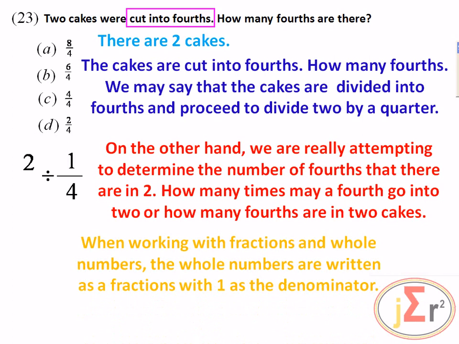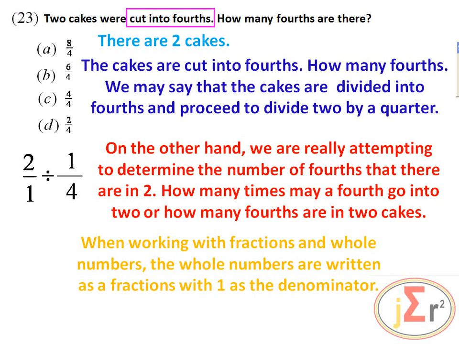When working with fractions and whole numbers, the whole numbers are written as fractions with 1 as the denominator. By writing a denominator of 1, the number is now in a form that is compatible with the fraction that we have there. Additionally, 2 over 1 or 2 divided by 1, any number divided by 1 is that same number. So 2 divided by 1 is equal to 2.